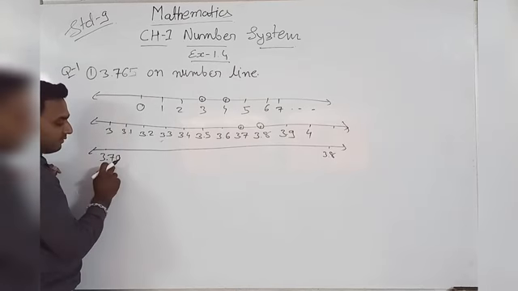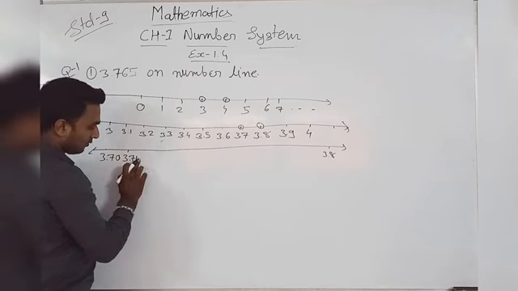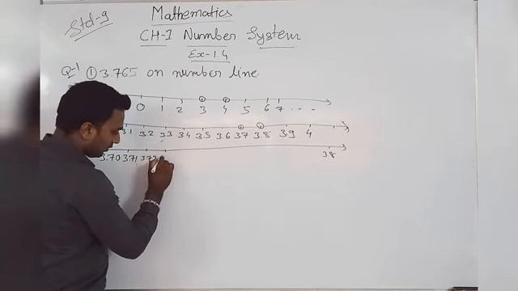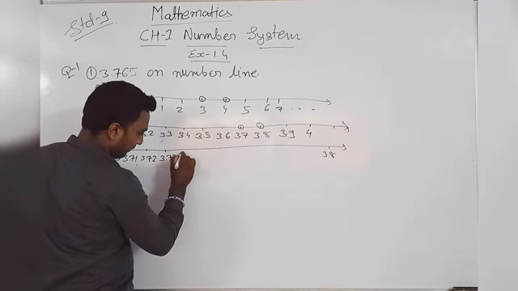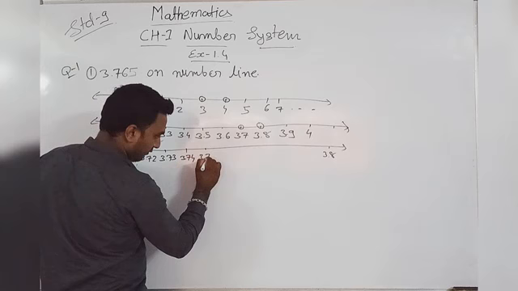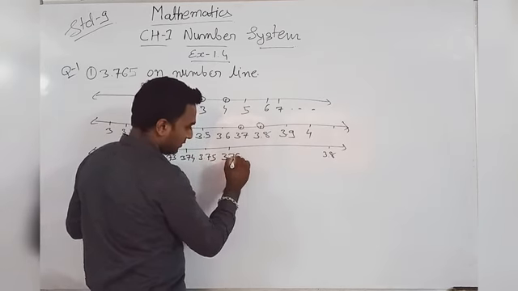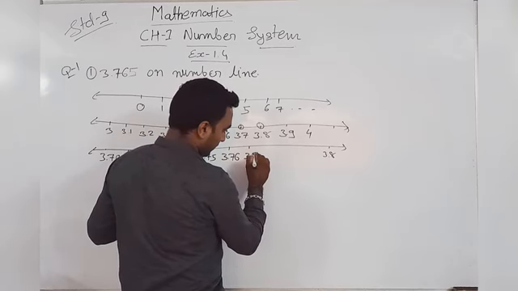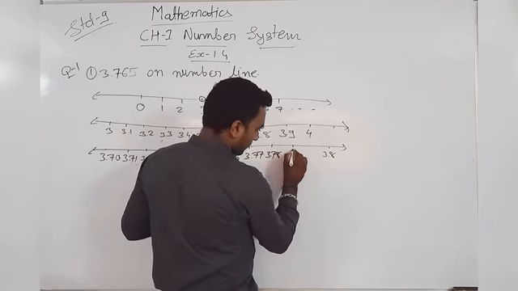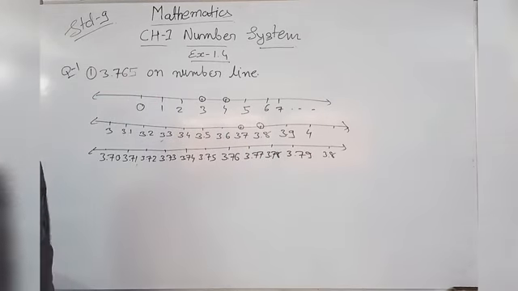Now this is 3.70, then the next numbers 3.71, 3.72, 3.73, 3.74, 3.75, 3.76, 3.77, 3.78, 3.79, and then last 3.80.